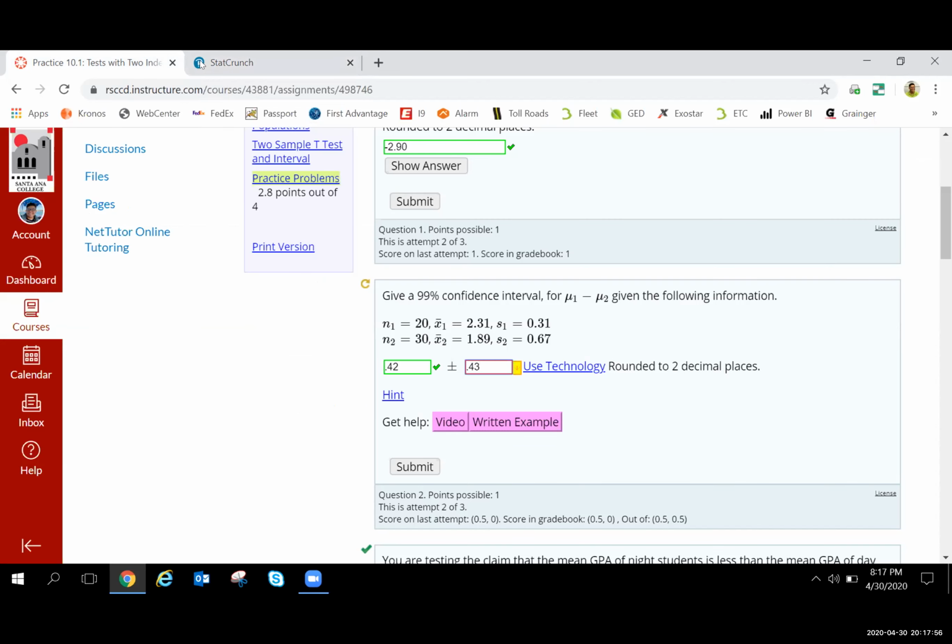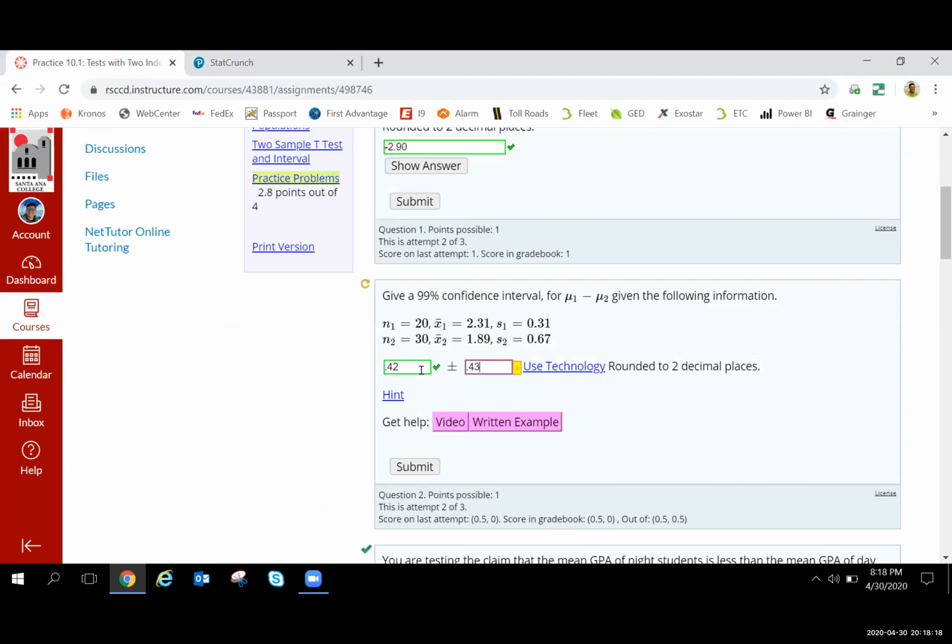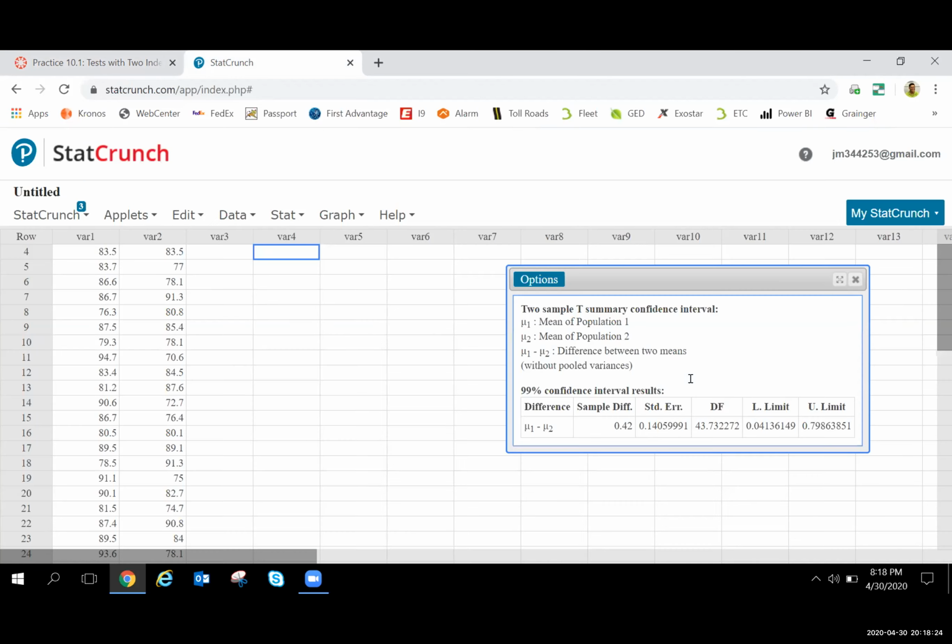So 0.42 plus or minus. So the standard error is, so it's 0.42 plus or minus 0.14, right? Well, no, it's your standard error times your t score.